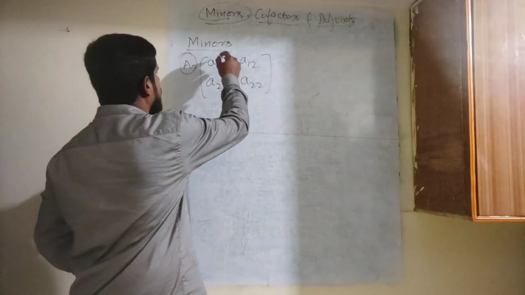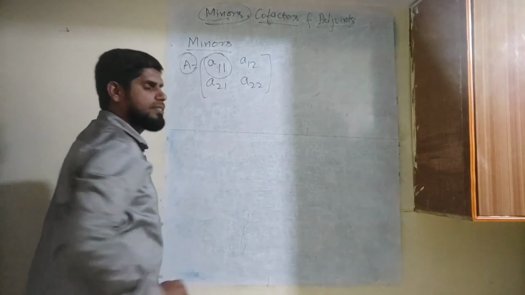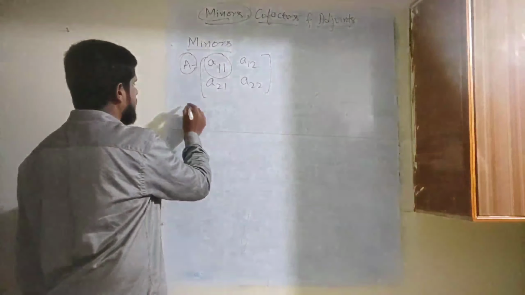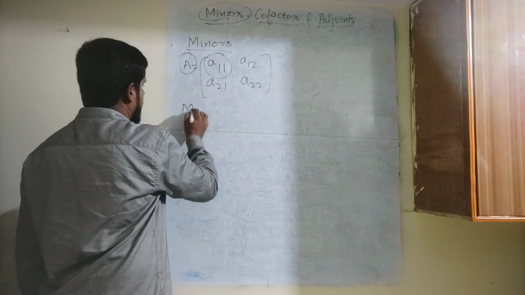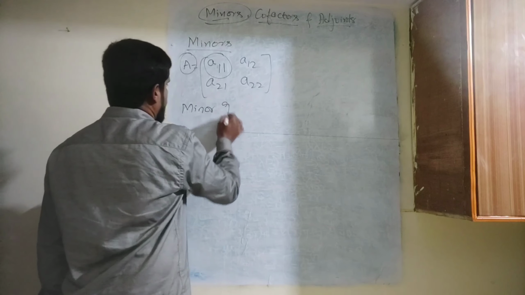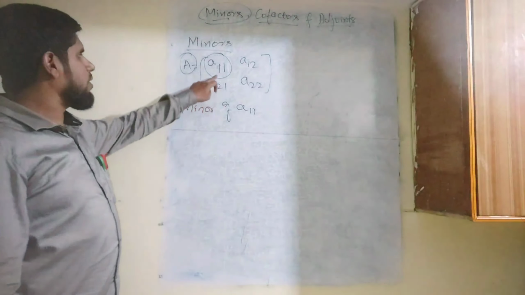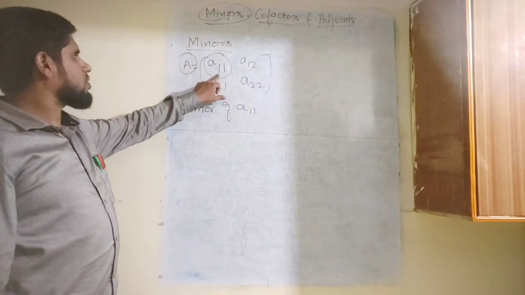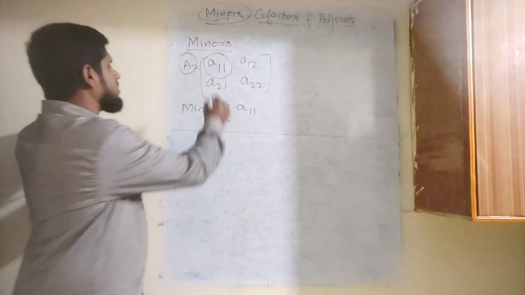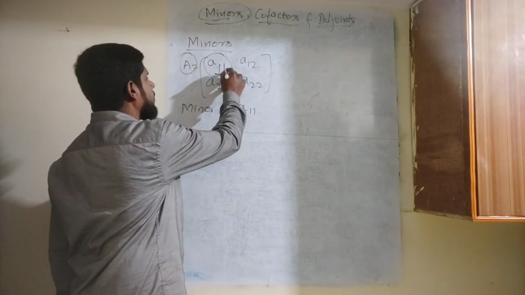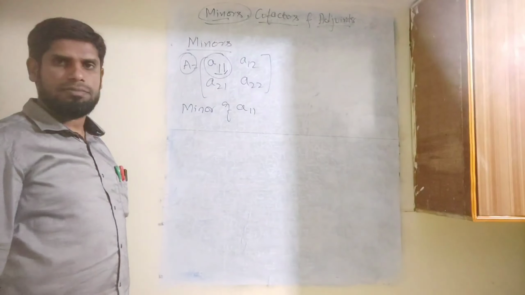First, let us see the minor of A11. Here, this 1 represents first row, first column. First number represents row and the second number represents column.